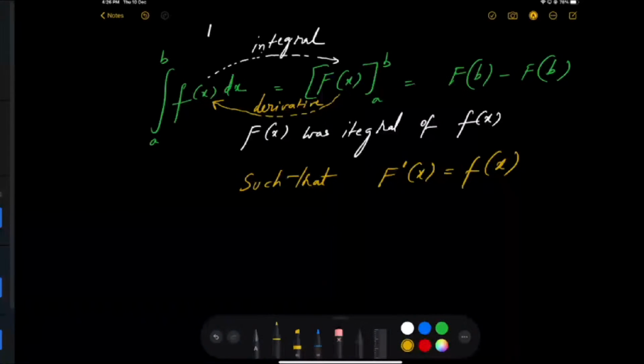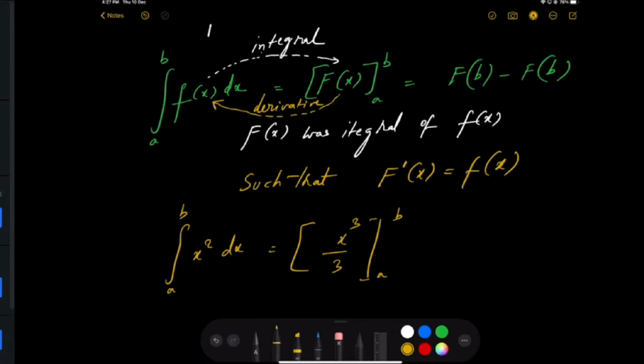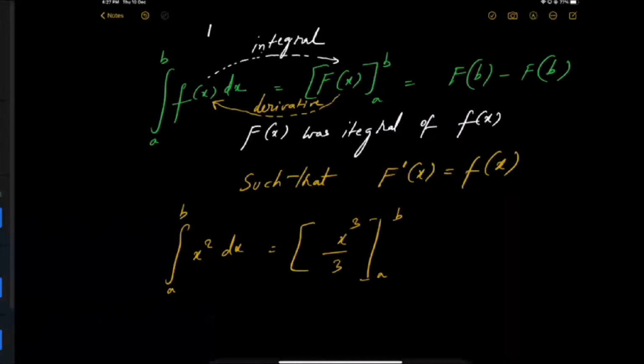I'll try to explain what I just said. So what was integration of x square dx, say from a to b, whatever it is? First you write x cube by 3 and you put the limits a to b. Okay, fine. But see, the derivative of x cubed by 3 was x square.